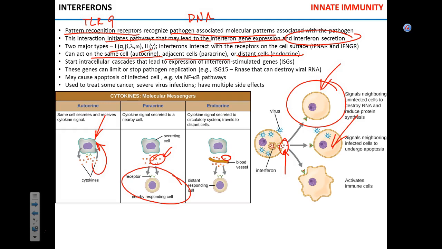Some interferons can stimulate a variety of genes, so-called interferon-stimulated genes, like this ISG15. It's a ribonuclease that can destroy viral RNA. Just an interesting molecule. I had a chance to work with it a little bit. It was absolutely fantastic in inhibiting replication of yellow fever virus.